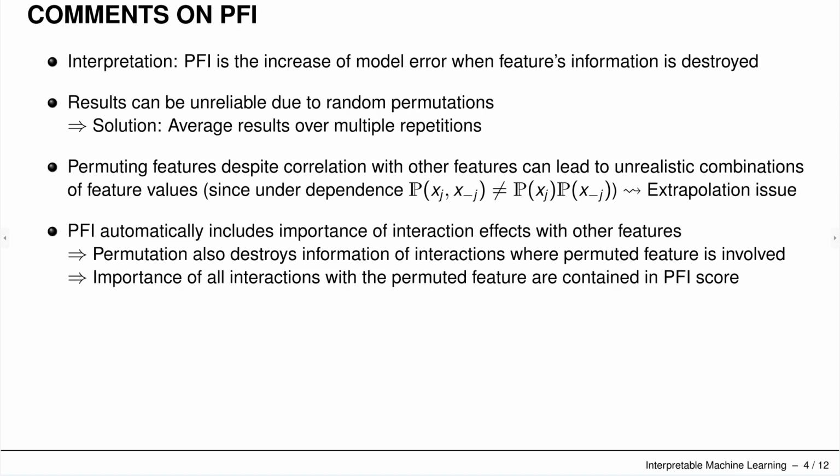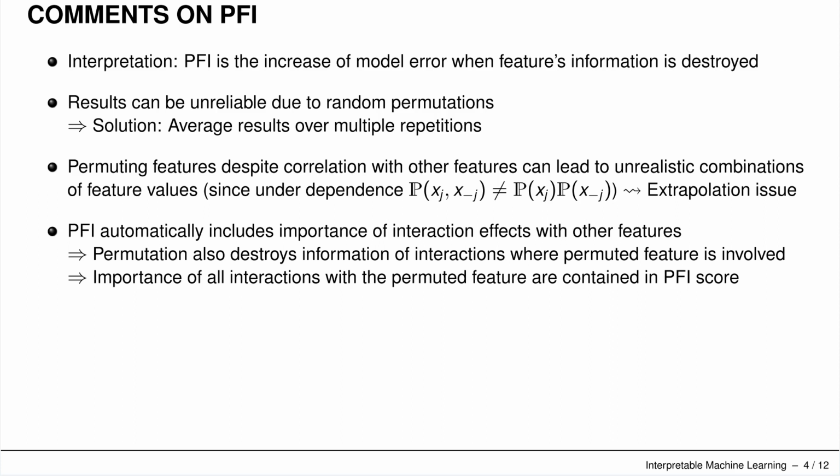PFI automatically includes the importance of interaction effects with other features. If we permute one feature, that destroys the information of that feature, but also destroys all interaction effects with other features.